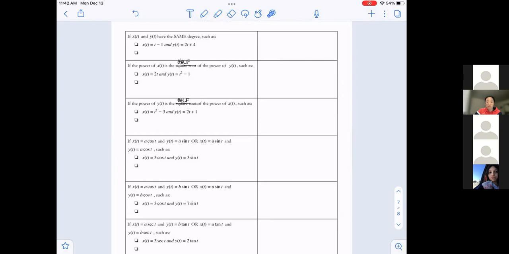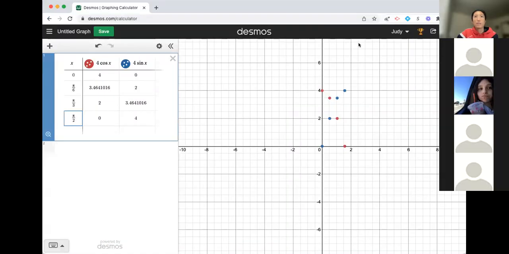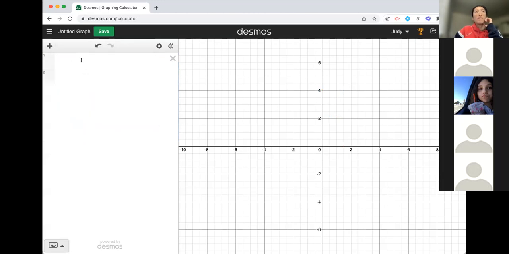Okay, and I'm going to share my screen so that we can see the Desmos. All right, do we all see Desmos right now? Yeah, okay. So I'm going to get rid of this graph, right? This table just plotted points, which might be useful if you want to check your answers for plotting points. But here's how you can actually graph in parametric, okay?